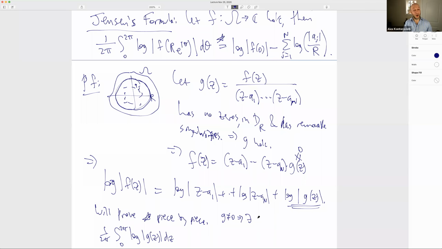So there exists a holomorphic function h, which is log g, and e to the h is g. Is that supposed to be along the boundary of the circle? This g is not 0 anywhere inside, on the entire disk and its boundary.